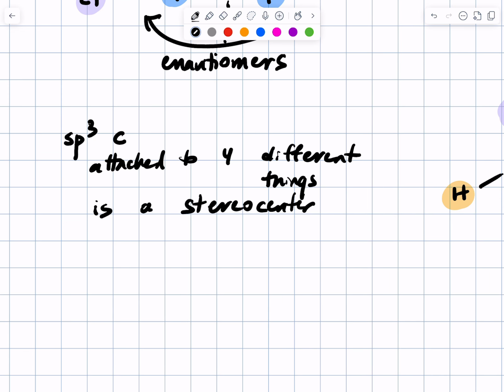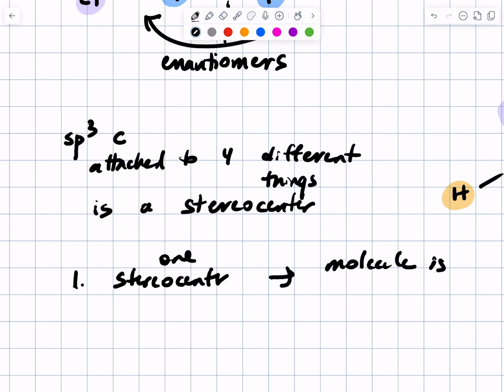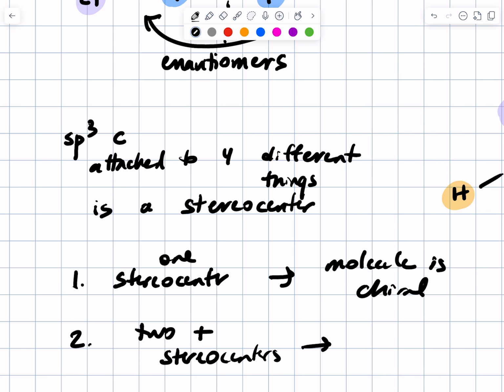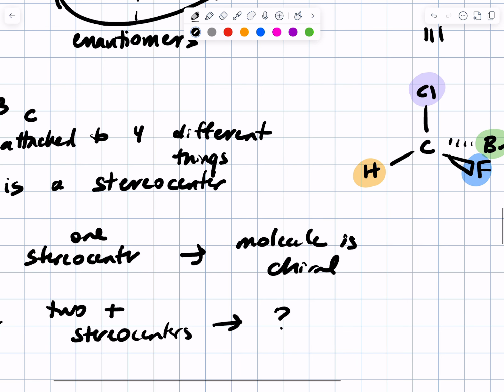So one stereocenter, molecule is chiral. 2 stereocenters or more, who knows, might be chiral, but be careful.